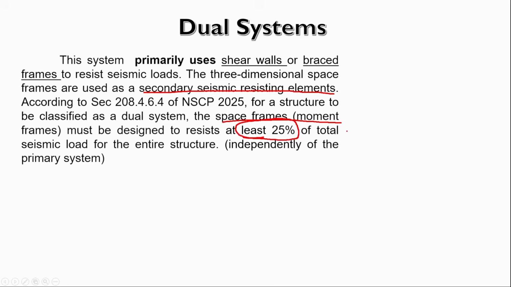Okay. So sir, what if the moment frames resist 100%? I think it's also a secondary one because our primary is shear walls. But if we design the moment frames to resist almost 100%, then between the shear walls or brace frame and the moment frames, one of them is very redundant.